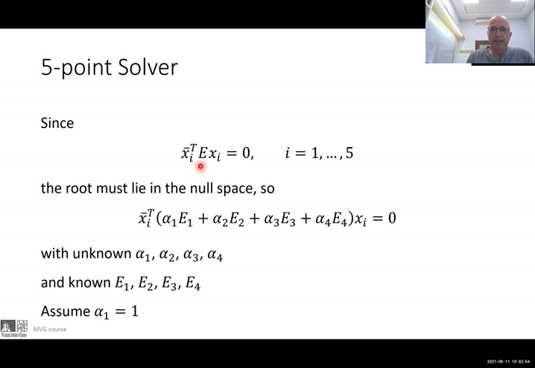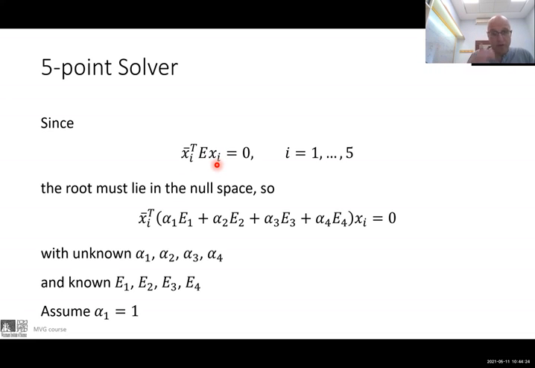E has 9 components, and we have 5 equations. So the null space is of dimension 4. What's usually confusing here is that E is written as a matrix. Think of it as a vector now. Vectorize E, think of it as a column vector, and these products of x hat and x bar and x as the rows.